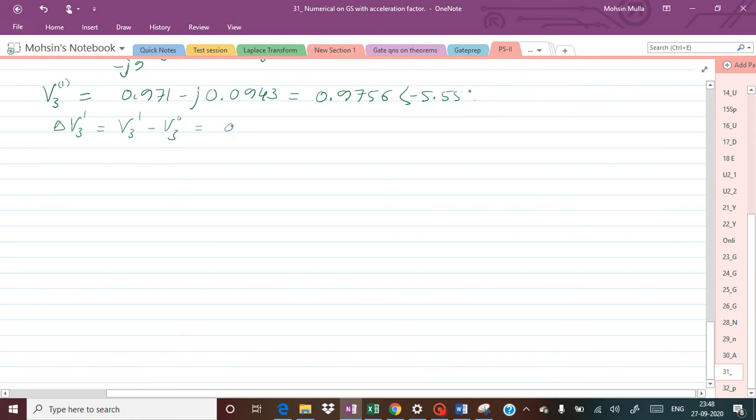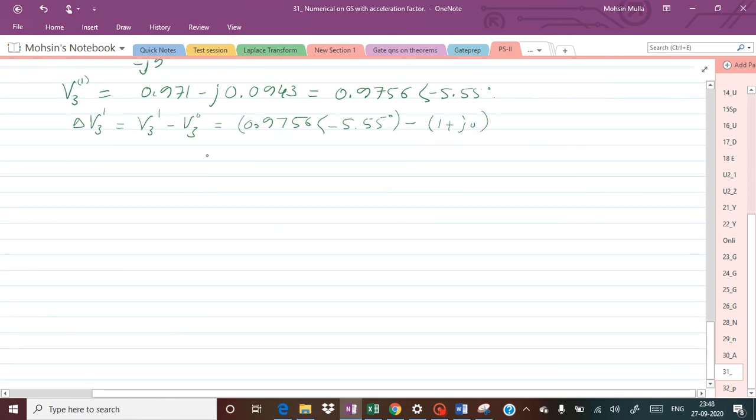V3 of 1 is the same that we have already obtained, 0.9756 at an angle of minus 5.55 degrees, minus V3 of 0, which is the assumed value, 1 plus j0, or 1 at an angle 0. Simplifying this, we get the final value of this as minus 0.029 minus j0.0943.